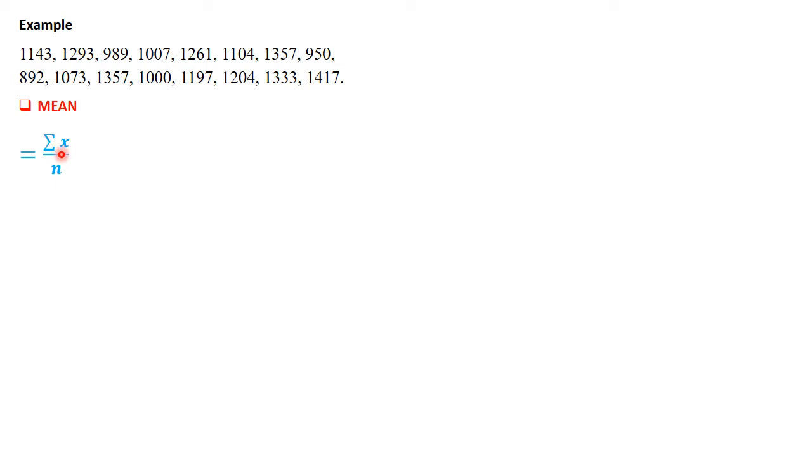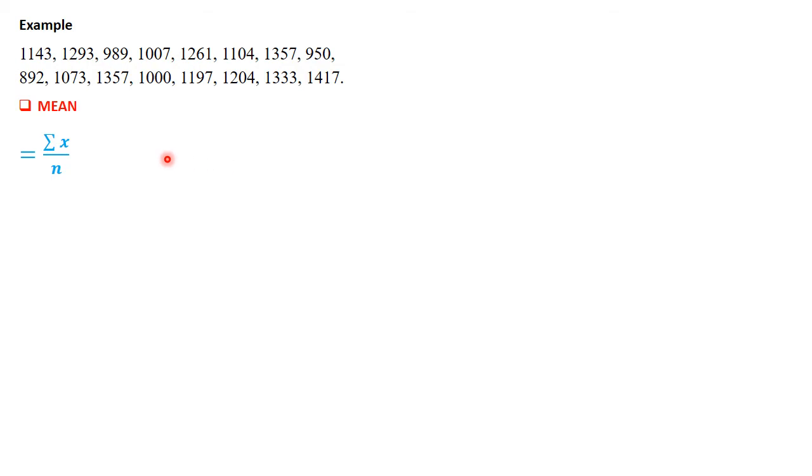Mean, I just mentioned, is sum of x divided by n, and the x are the values. This 1143, the 1293, the 989, and 1007, 1261, all of these represent particular x values. If you add all of them and divide by the total number of them, you're going to get your mean.